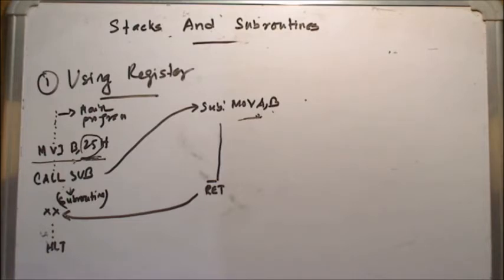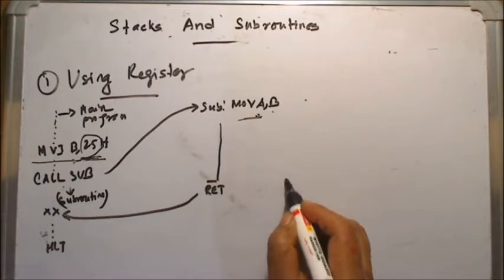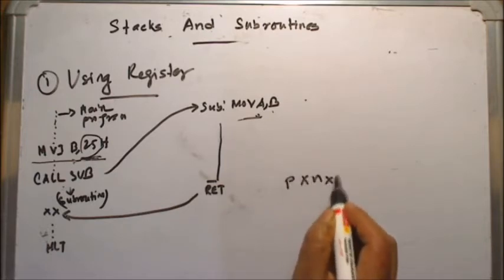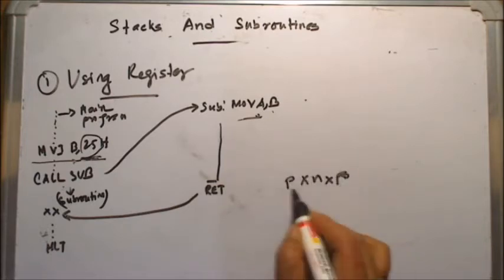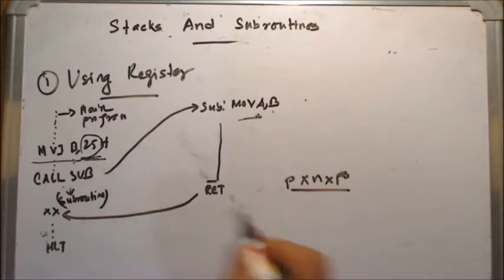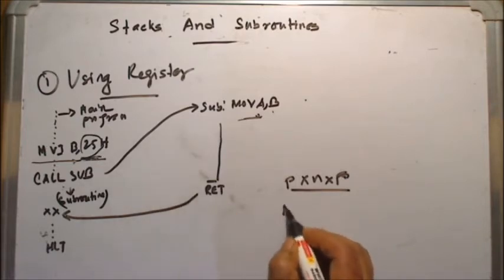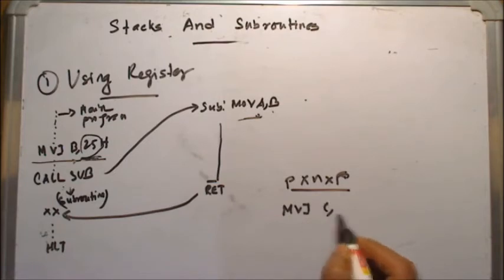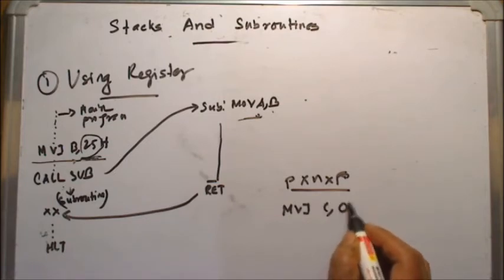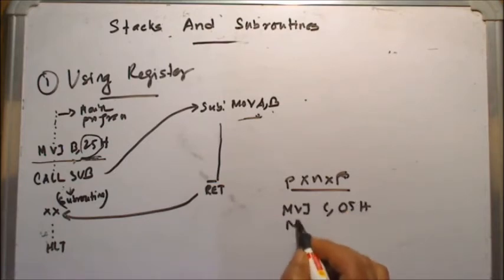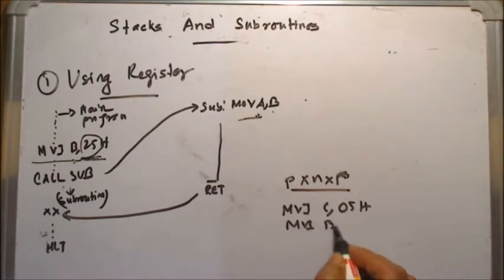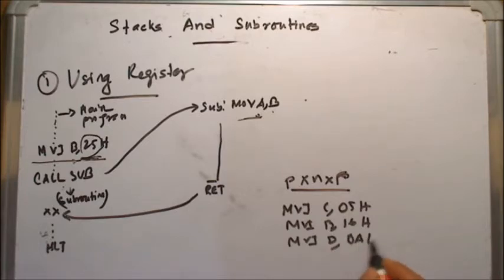Now, if you want to find, say, simple interest, you need to pass three parameters: P, N, and R. You have to pass three parameters into the subroutine. Let's take three examples: MVI C, 05H, MVI B, 16H, and MVI D, 0AH.